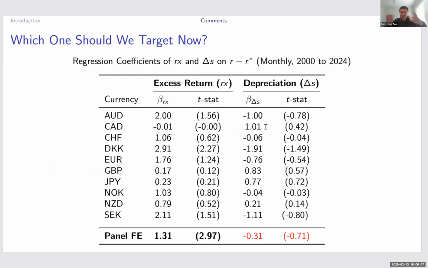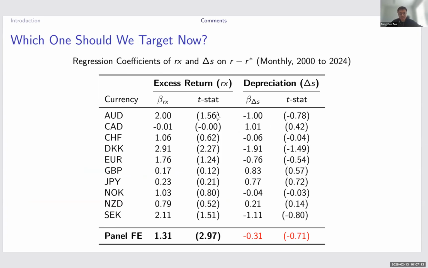So I'm doing some replication exercise on this pharma premium, for premium regressions. What I do is I regress this 1 month FX risk premium, or the 1 month change in exchange rates, so depreciation, over this 1 month interest rate differentials.